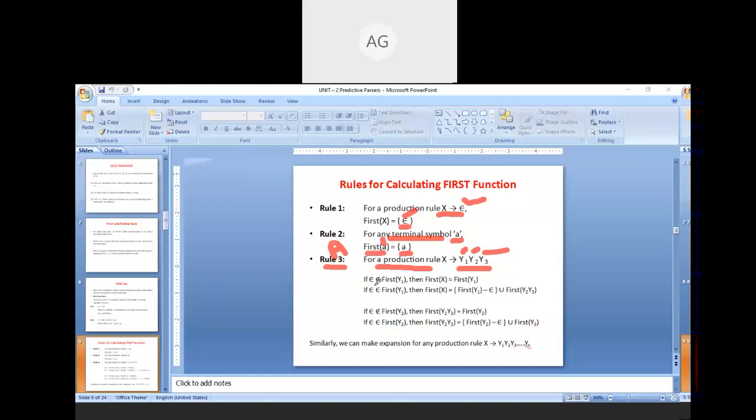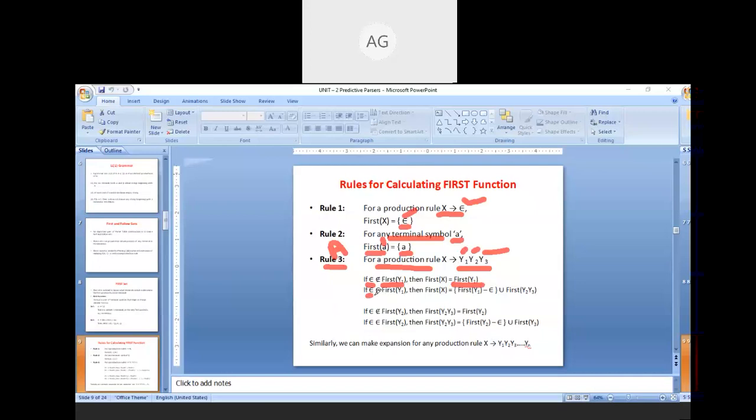If epsilon does not belong to first of y1, so if there is no epsilon there, then first of X is equal to first of y1. So the first of y1 will be included in the first of X if there is no epsilon in y1.